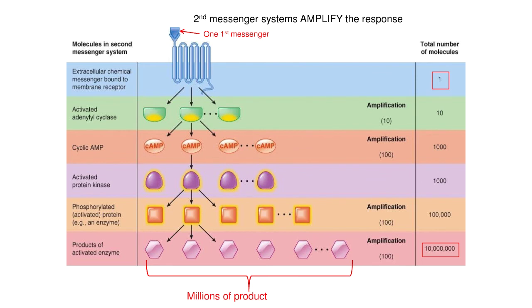That's what I mean by amplification. Make sure that you can explain what amplification is and how something like a G protein complex can amplify the response. Okay, so in reality, on the outside of our cell, there will be several receptors. So each one of those are amplifying the response inside of the cell.